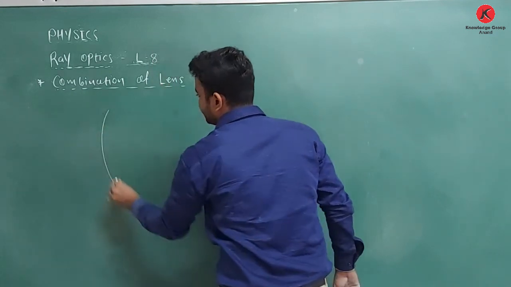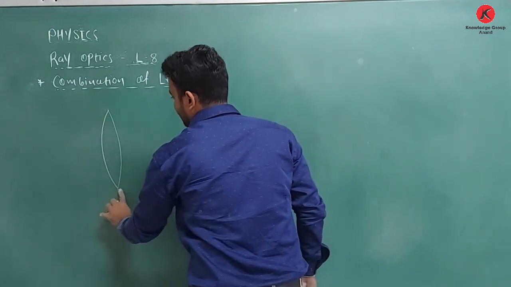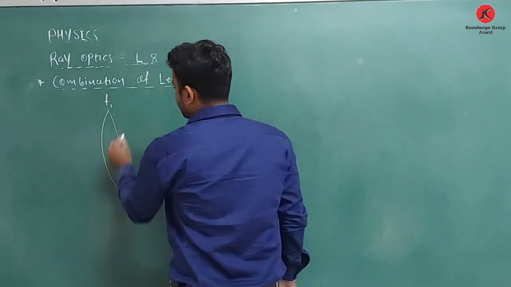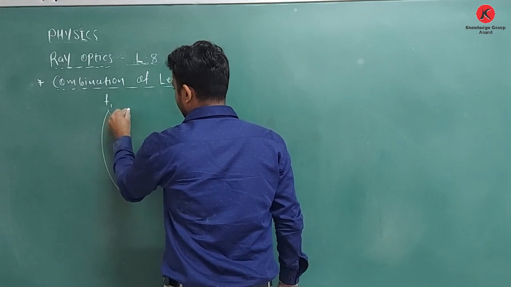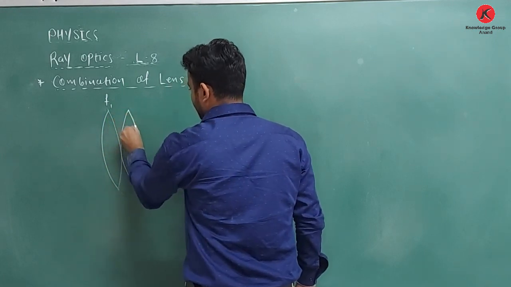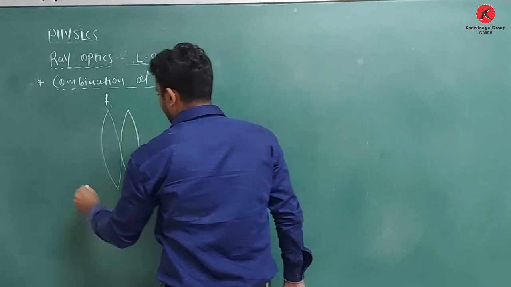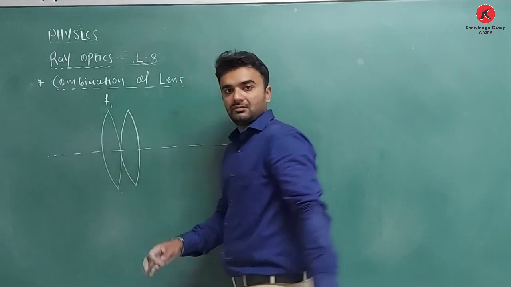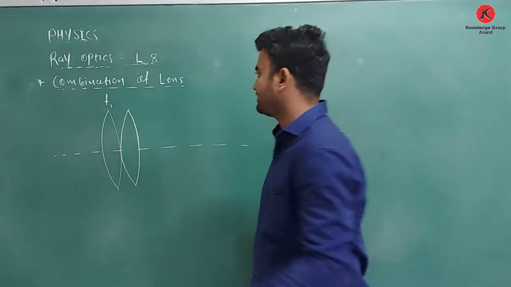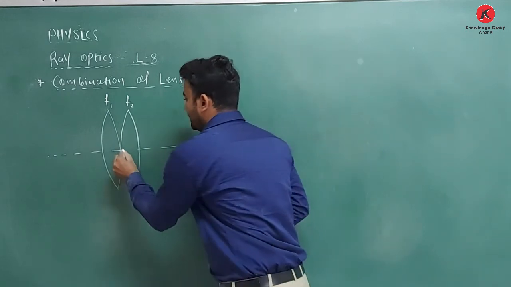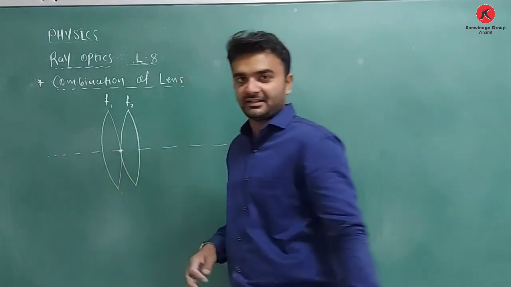Let this lens have focal length f1. There is another lens, let's say over here like this. This is the common principal axis. Both are on the common principal axis. This one has focal length f2. And this is the common optical center.